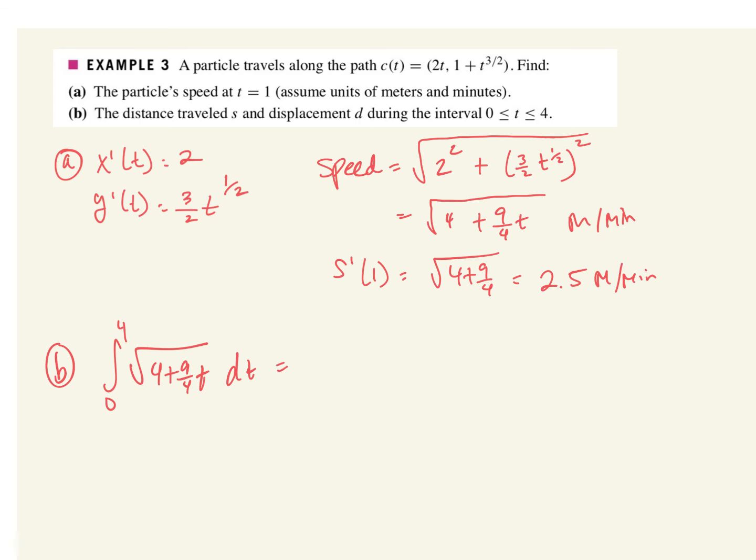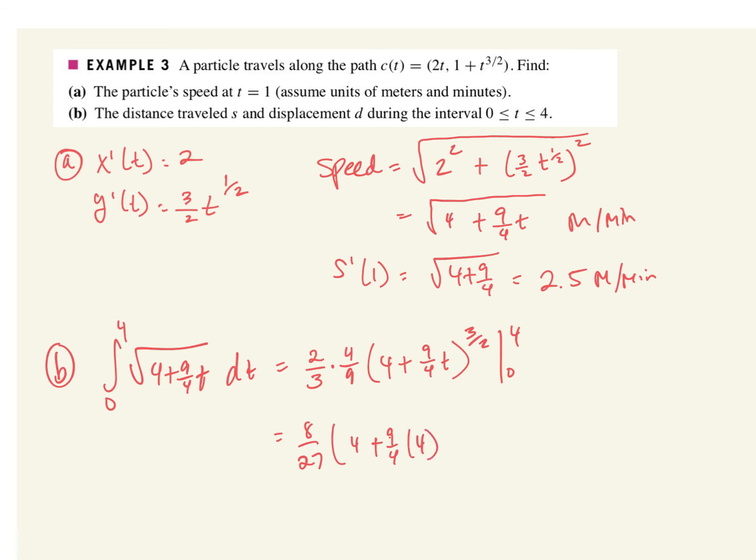So we are getting, right, 2/3, because it's going to 3/2, dividing by 3/2, and a 4/9, so we're dividing by 9/4, so multiplying by 4/9, inside to the 3/2 from 0 to 4, which is 8/27 times 4 plus 9/4 times 4 to the 3/2.